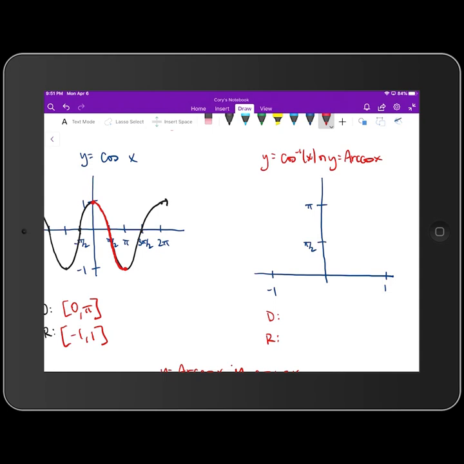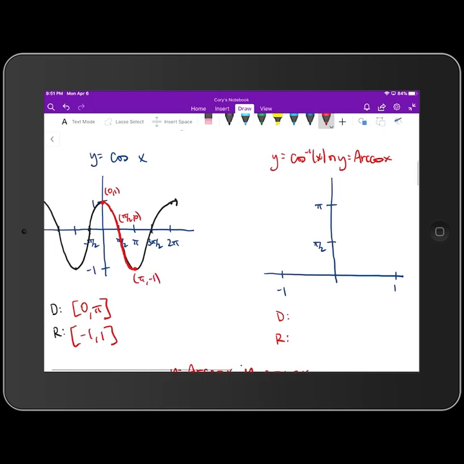And then we want to take the 3 points on that graph. So we have (0, 1), (π/2, 0), and then (π, -1). We're going to switch the x and y coordinates of those 3 points to plot the 3 points on the graph of the inverse cosine function. So when we switch the ordered pair (0, 1), we get (1, 0).